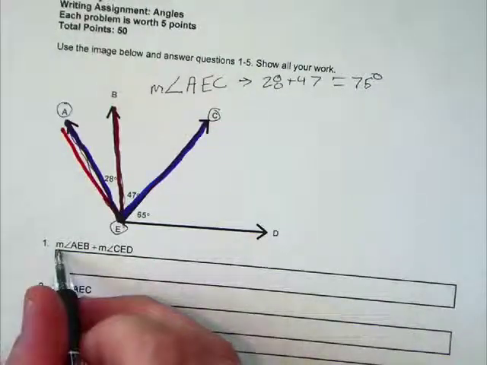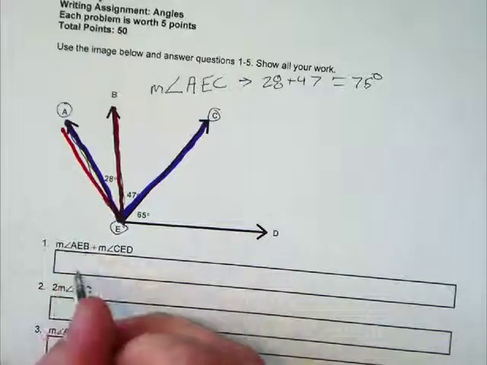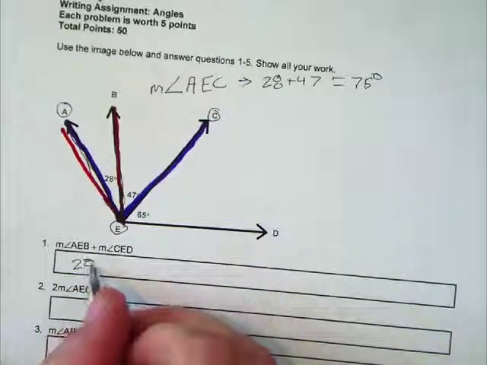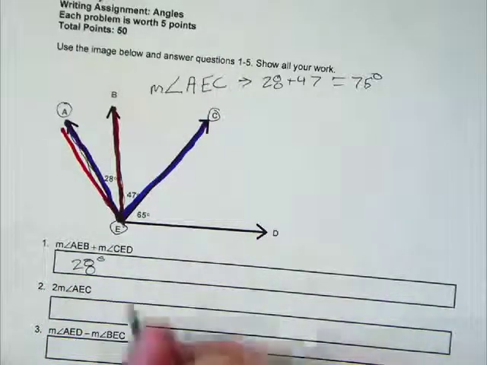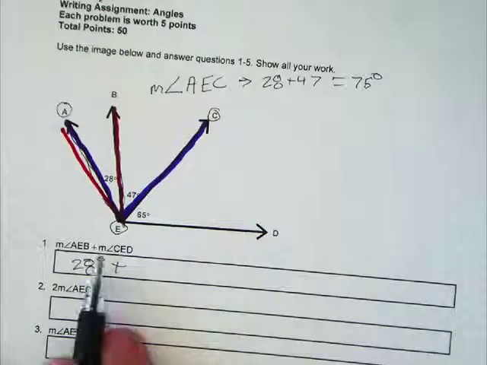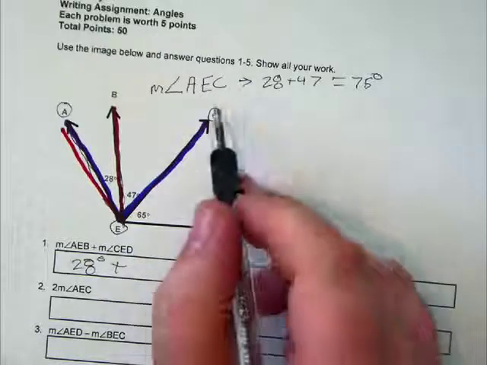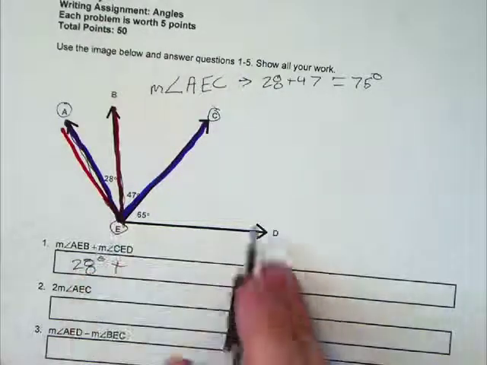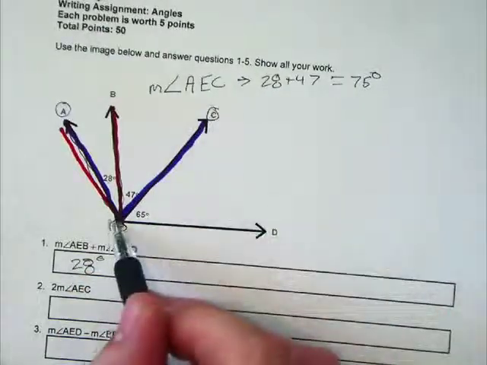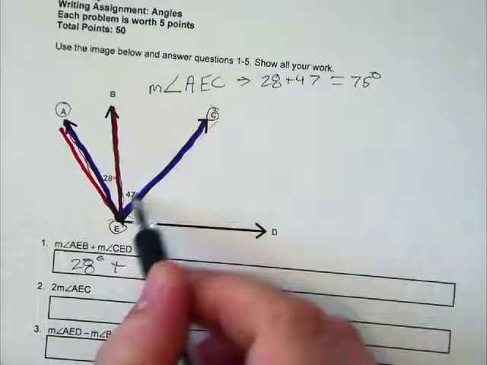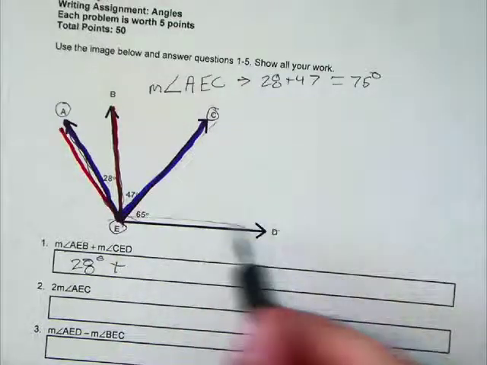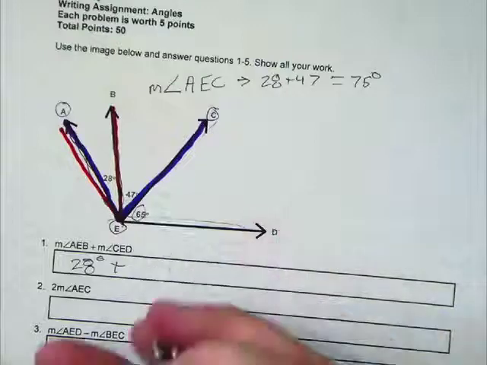So the measure of angle AEB is 28 degrees plus the measure of angle CED. So we start at C, go to E, and then to D. So CED, this one right here, is how much? 65 degrees.